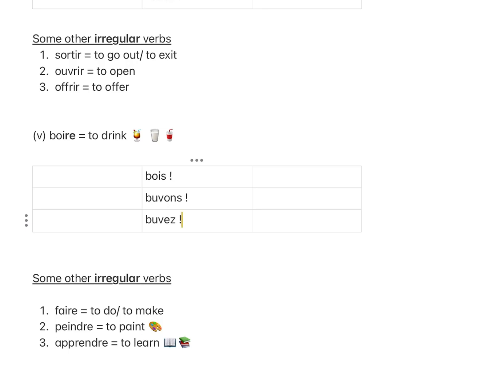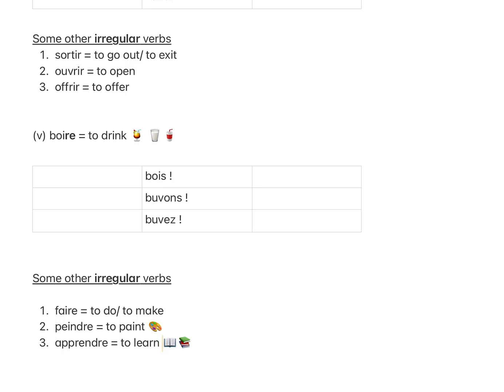Some other irregular RE verbs are faire. Faire means to do or to make. Peindre. Peindre means to paint. And apprendre. Apprendre means to learn.